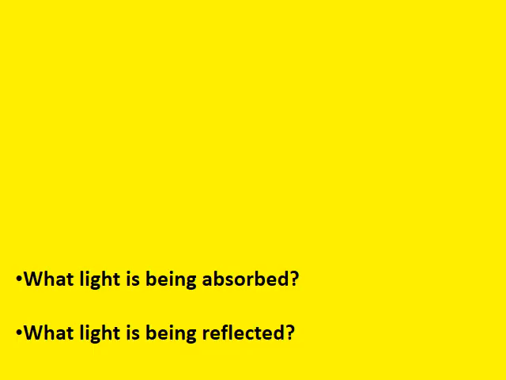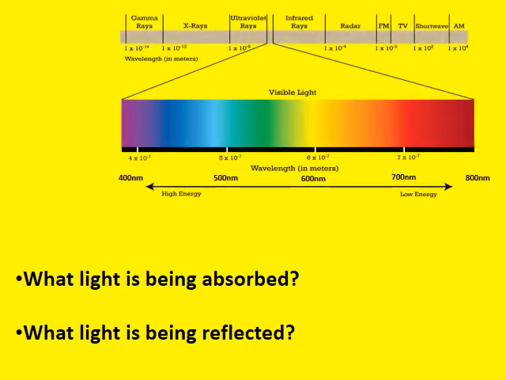So again, we can use the yellow background and look at the different wavelengths of light. Now we know the visible spectrum is a small portion of the electromagnetic spectrum in the middle, and we know if we can see yellow colors, well, that must be being reflected by this slide.